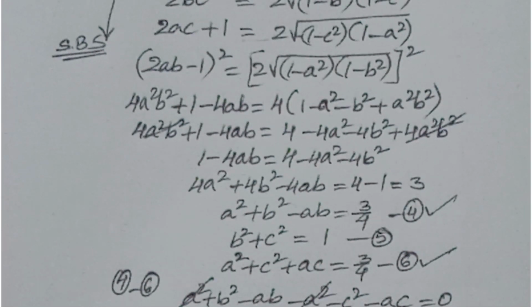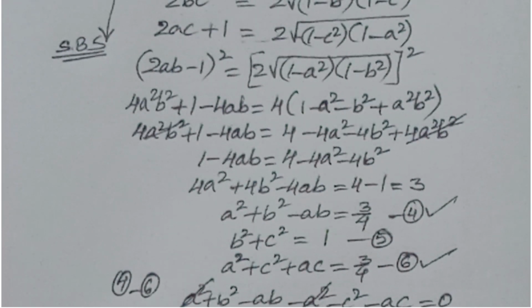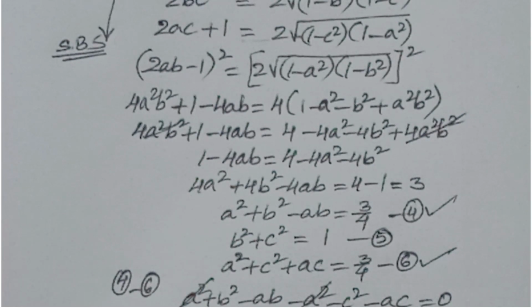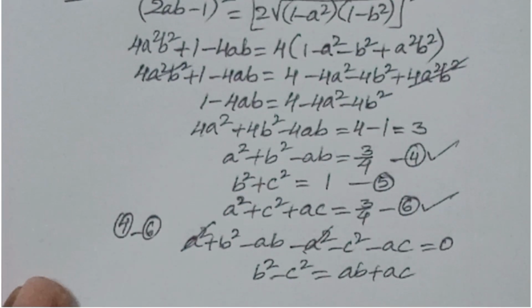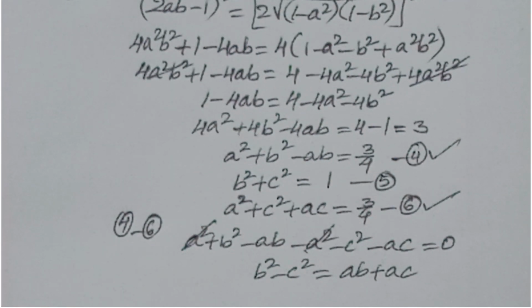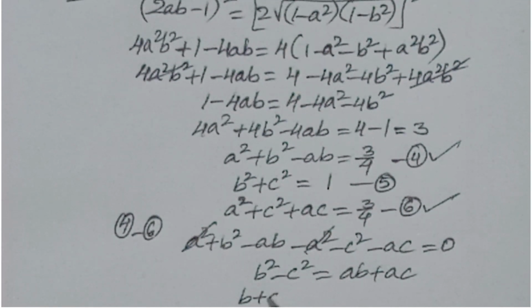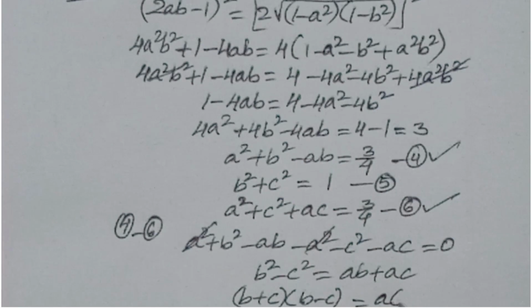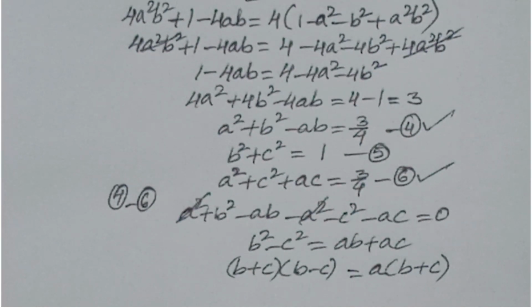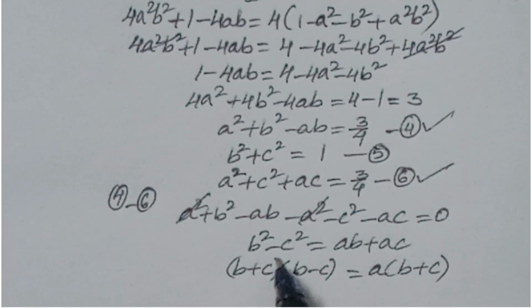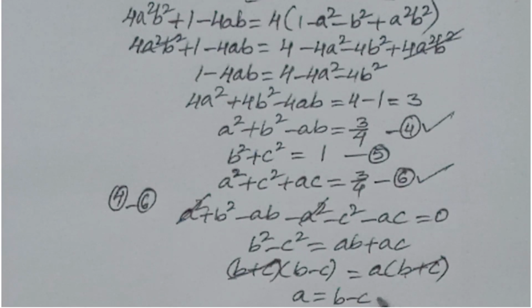What will we get here? b square minus c square is equal to ab plus ac. This can be written as b plus c into b minus c is equal to a into b plus c. So here b plus c gets cancelled. Now you are getting a is equal to b minus c.